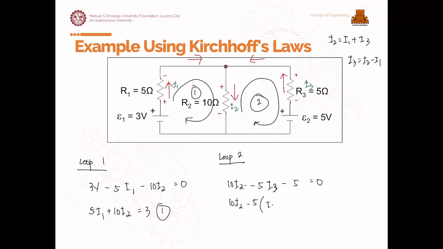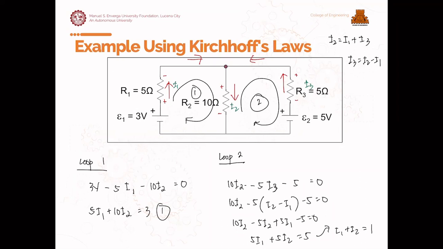It will be I2 minus I1 minus 5 is equals to 0. So 10I2 minus 5I2 plus 5I1 minus 5 is equals to 0. So we have 5I1 plus 5I2 is equals to 5, or I1 plus I2 is equals to 1.